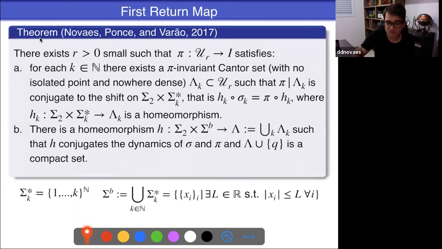If we take Lambda as being the union of all these Lambda k, we can actually find a conjugation between pi restricted to Lambda and a Bernoulli shift in a symbolic space with an infinite number of symbols. Okay, so this basically describes completely the dynamics of the Shilnikov orbit.